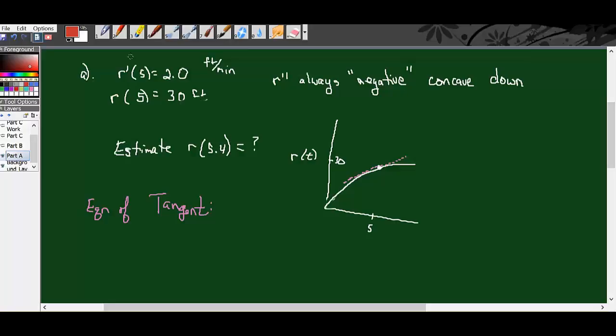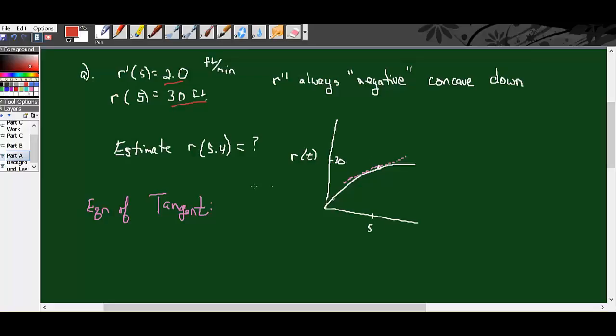They also tell us from our little table that the slope of the tangent when time is 5 is 2. So the slope of that tangent line is 2. We know it's always concave down, so I just did a rough little graph of something that's always concave down, where the radius is 30 when time is 5.